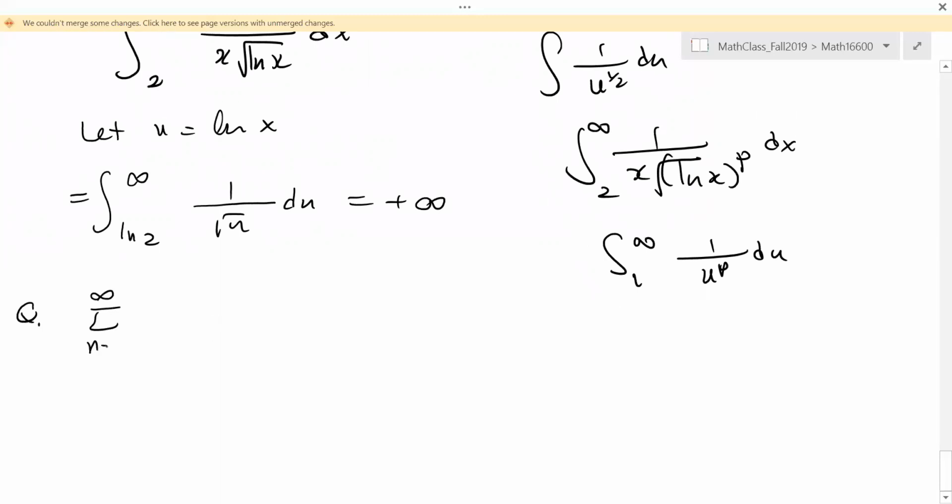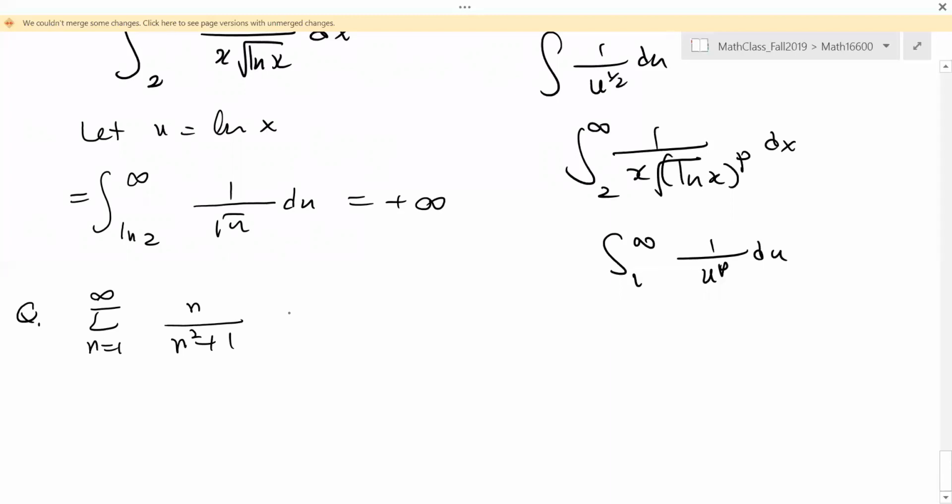Now we have several problems on series. And this is a problem I think is very similar to the one on the test. When I look at this, it's obvious it's divergent. The question is how do you prove it?